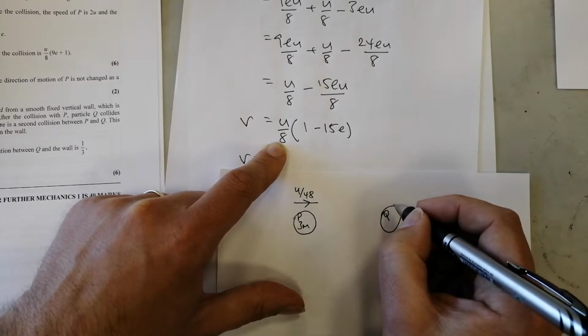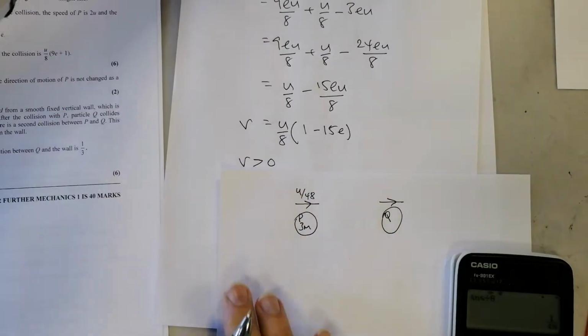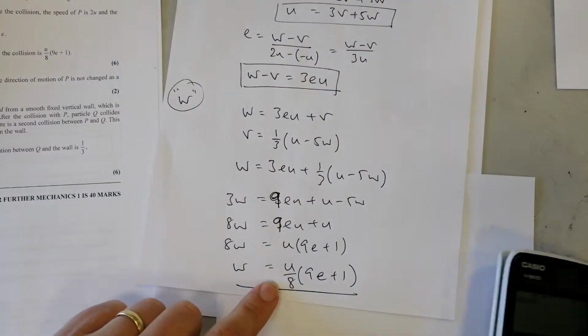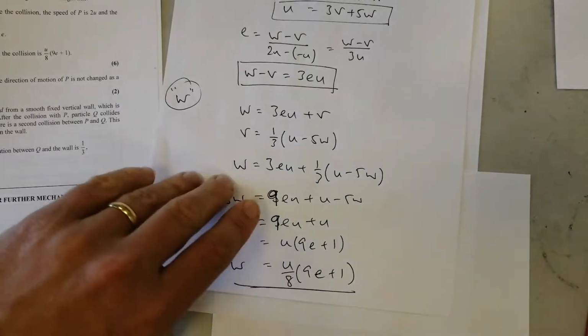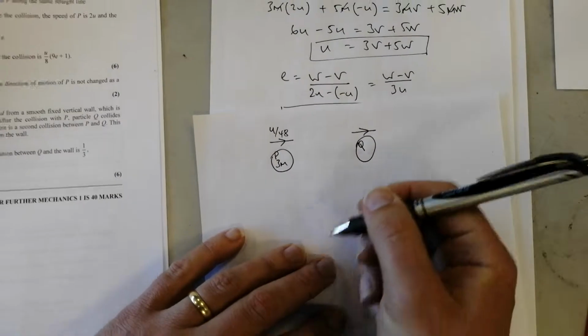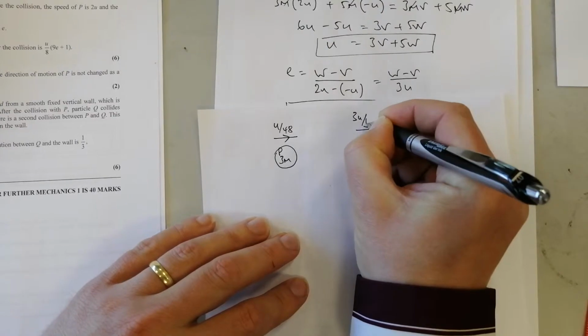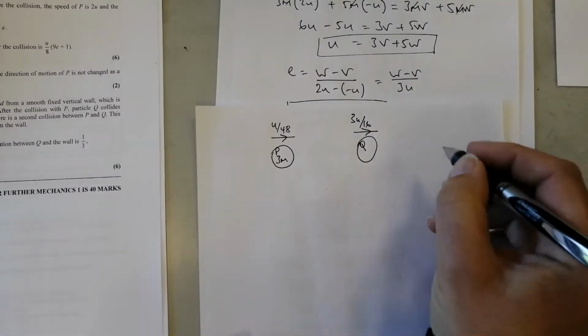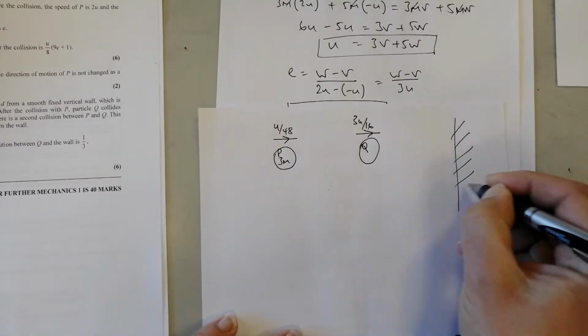Remember, this is after the rebound. Q is going with the velocity we worked out back here, so 9 times 1/8 plus 1, divided by 8, is 3/16. It's 3u over 16 after the rebound, and then they're going to hit a wall over here.